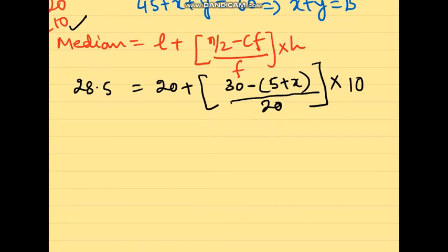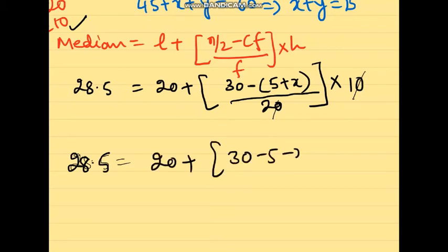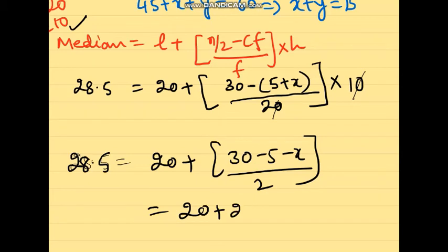Now see, 28.5 will be equal to 20 plus ... this 0 and this 0 get cancelled. So 28.5 will be equal to 20 plus (30 minus 5 minus x) divided by 2. So 20 plus (30 minus 5, which is 25, minus x) divided by 2 is equal to 28.5.